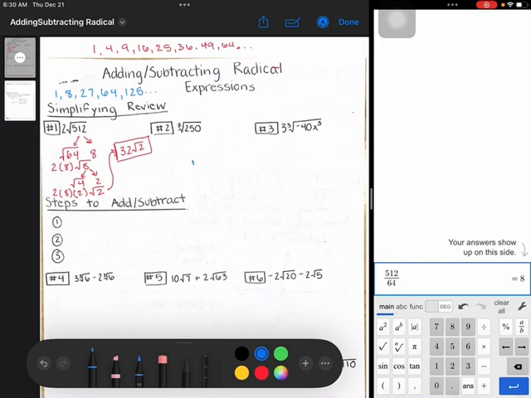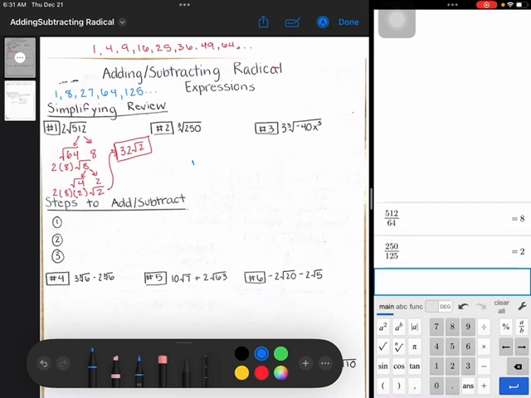But I think that 125 is going to go into 250, so 250 divided by 125, sure enough, that's 2. So we're going to take the cube root of 125, so that's 5. 5 cube root 2, and there we go.